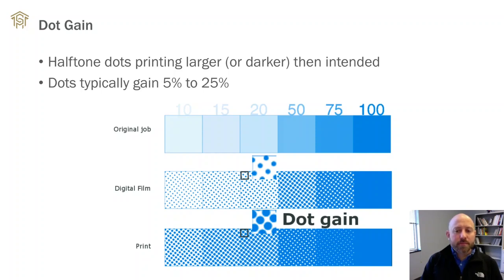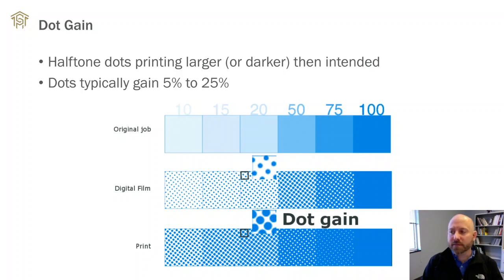So the thing about these darn dots is that they kind of have a mind of their own. A lot of times halftones print darker or larger than they're intended. And this is something that we can predict. It's something that happens in all forms of print, and we're going to expect it.